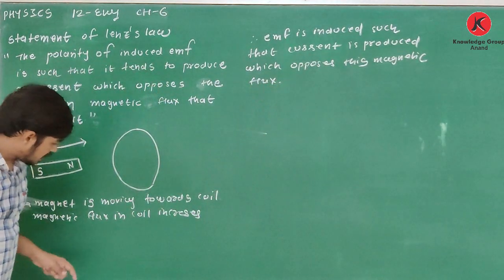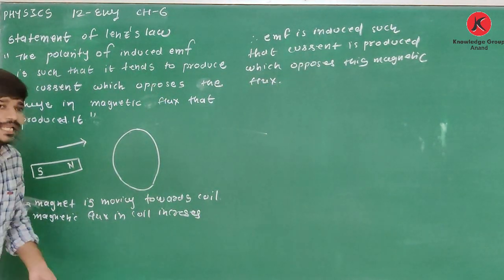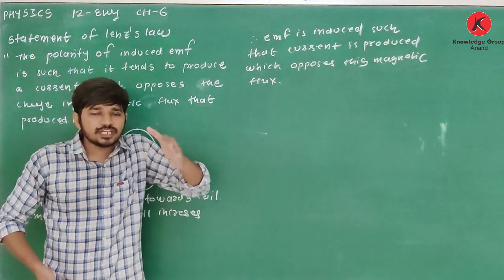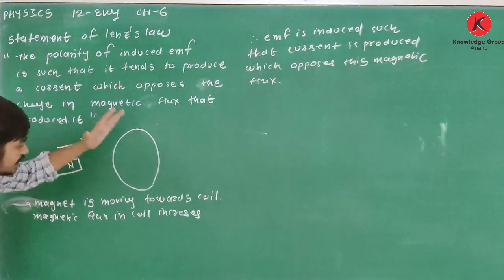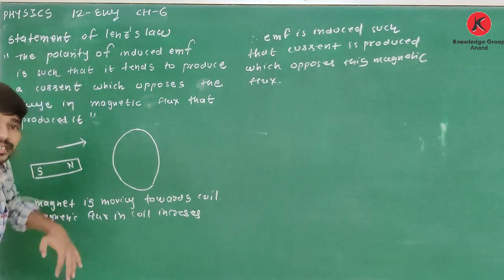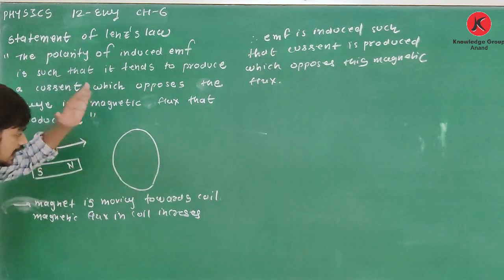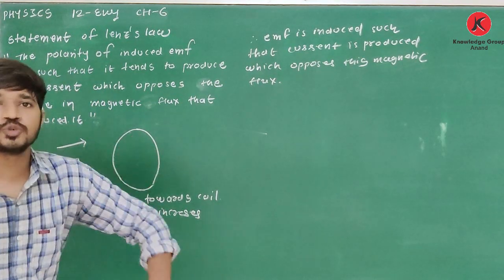Opposes means, the magnetic flux in the coil increases, so to oppose it, current is produced such that the flux linked with this coil should be decreased.